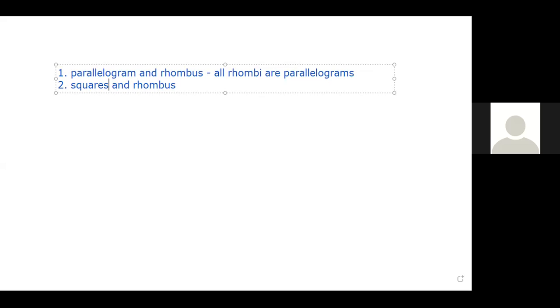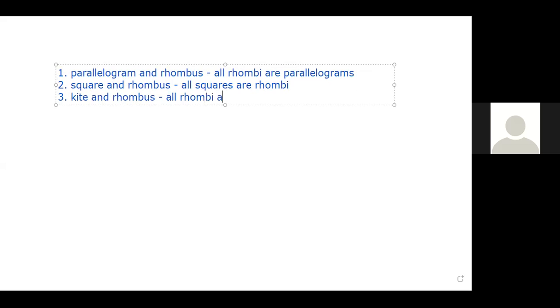There also, all squares are rhombi. Third was kite and rhombus. Now, again, all rhombi are kites. So in each of these situations, you see a set-subset kind of situation.